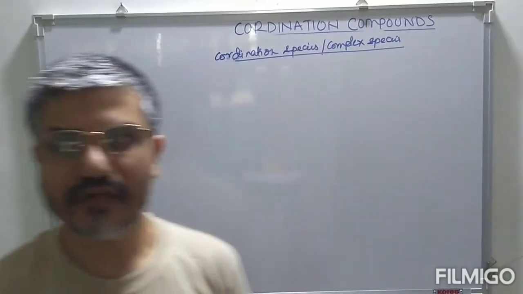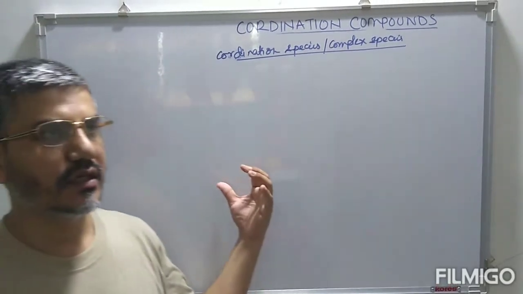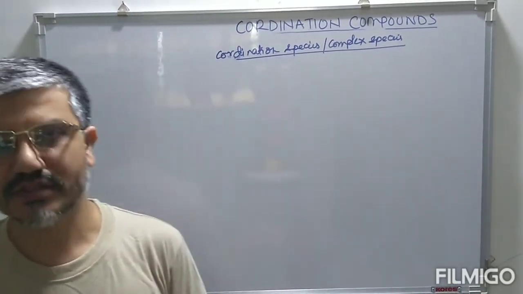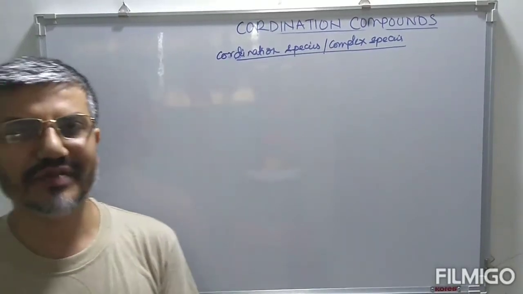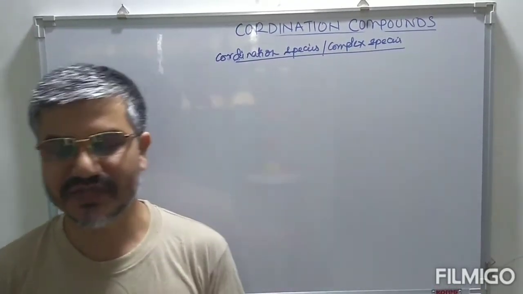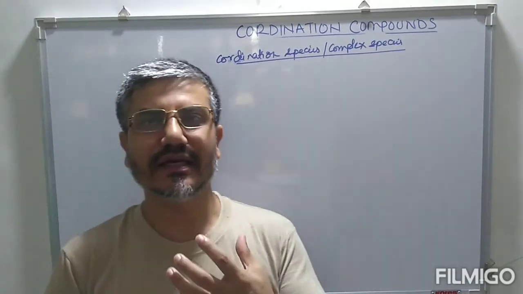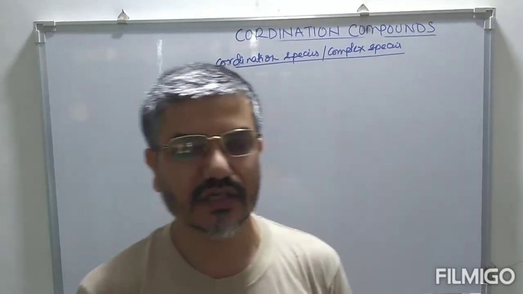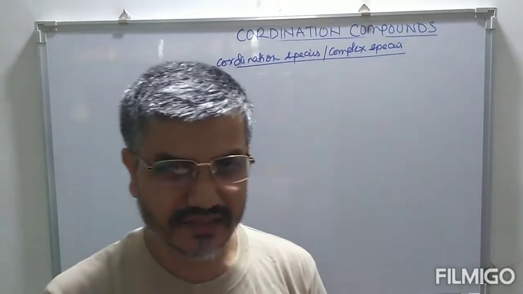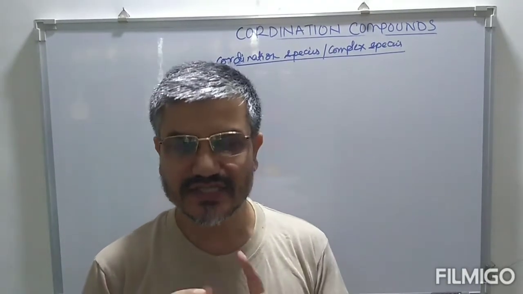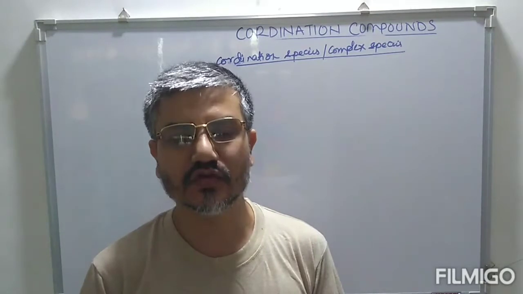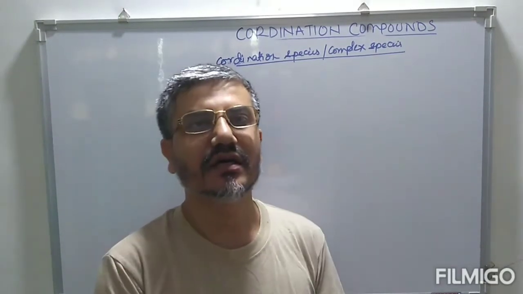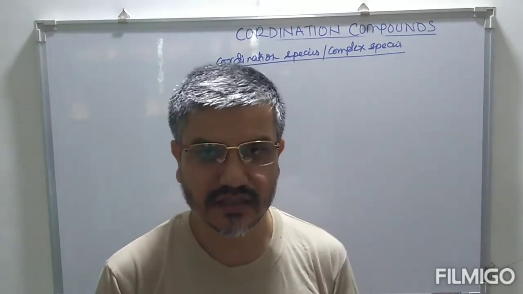So to begin with, coordination species, coordination compound, coordination complex or complex species is a species which is always written in square bracket and which contains a central metal atom or ion to which some other ions are attached.